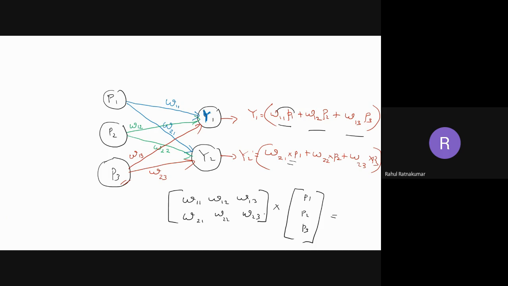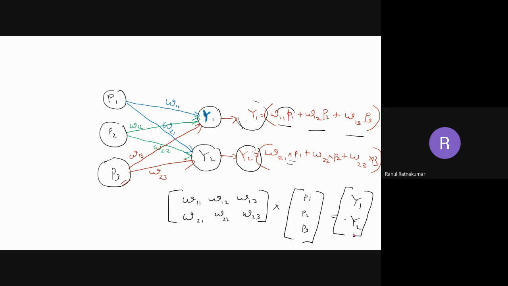So this multiplication gives you the answer in two rows. The first row gives y1 and the second is y2. So this is the output of this matrix multiplication. This is clear, very simple. We are using matrix notation for simplification.